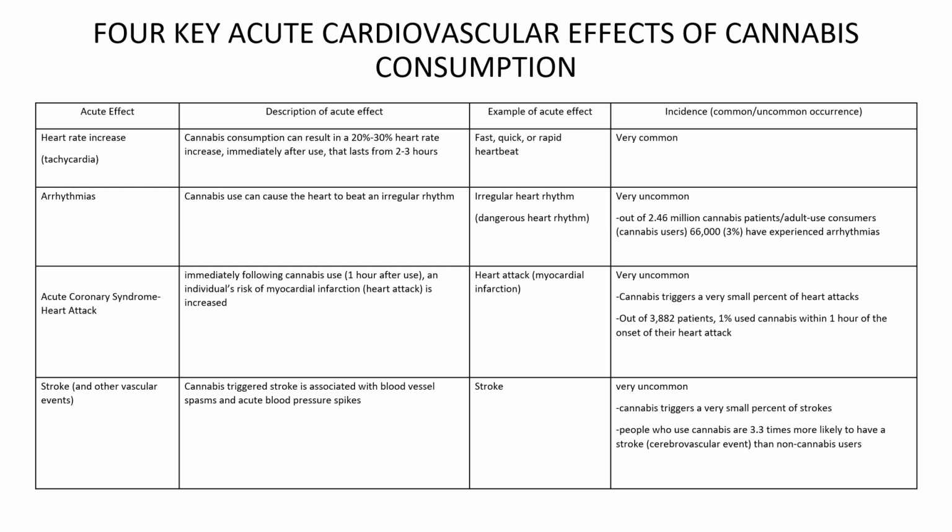The 4 acute cardiovascular effects of interest are heart rate increase, irregular heart rhythm, heart attack, and stroke. Heart rate increase is very common. Irregular heart rhythm is very uncommon. Heart attack is also very uncommon, and stroke is very uncommon.